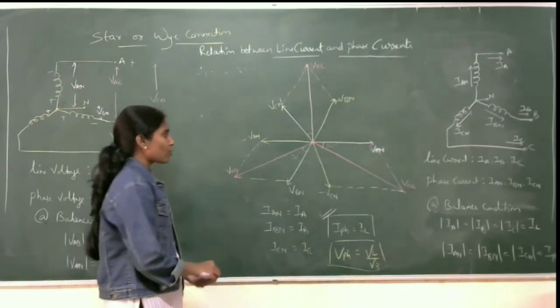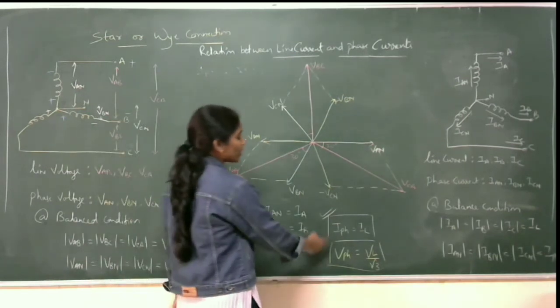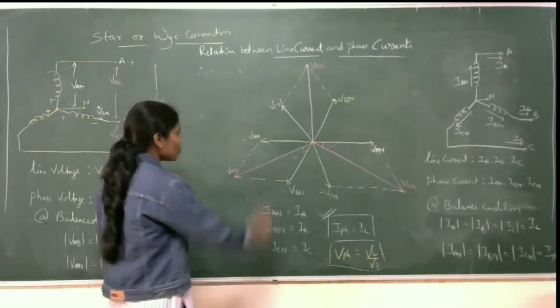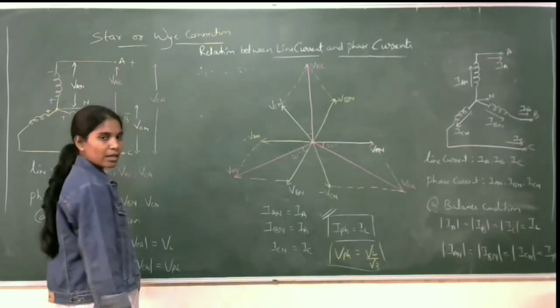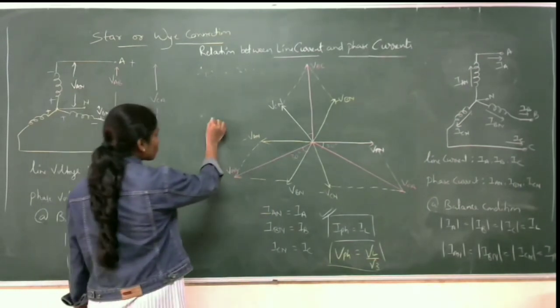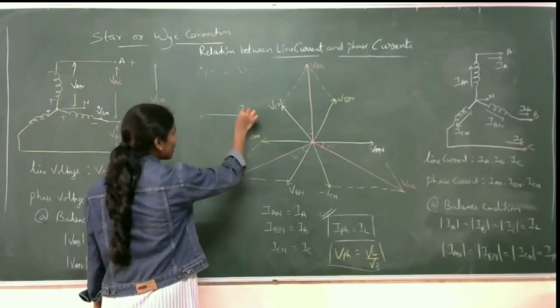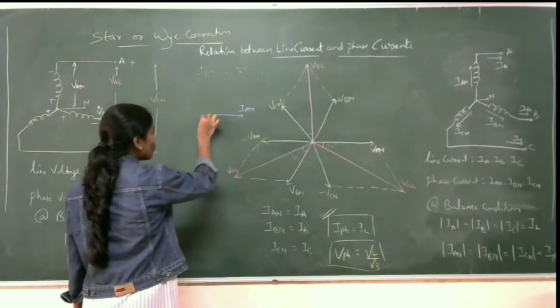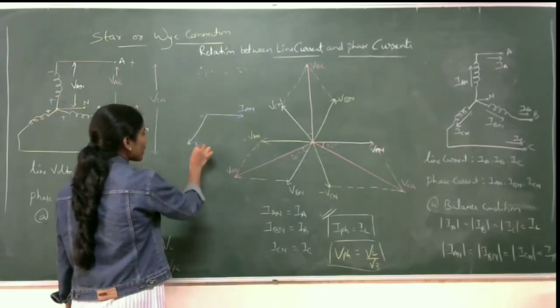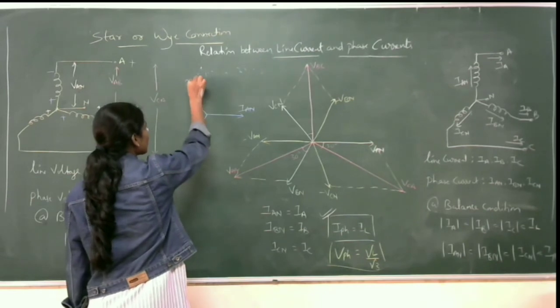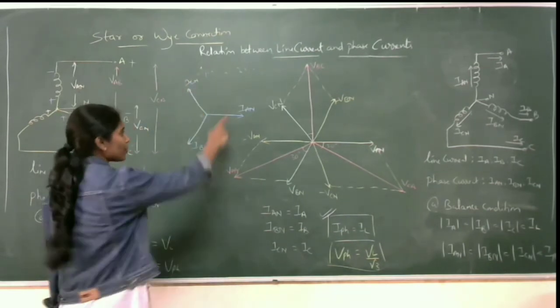Now I am going to represent these quantities in the phasor diagram. This is the phasor diagram for voltage, and in the similar manner, we can draw the phasor diagram for current also. Suppose this is my phase current, that is IAN. With 120 degree phase shift, I can have IBN, and another 120 degree phase shift, I can represent ICN. These are the phase currents.